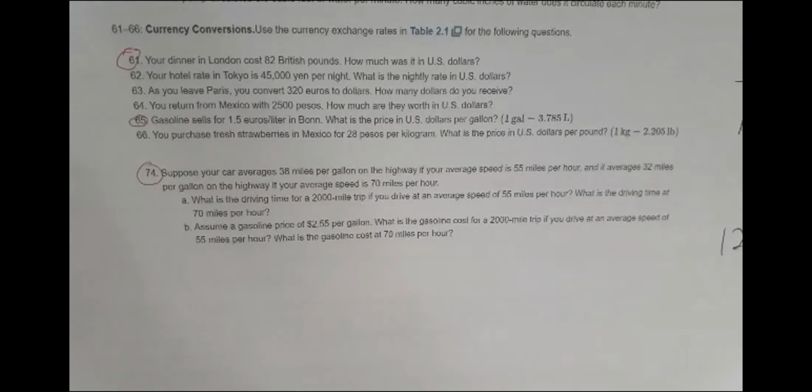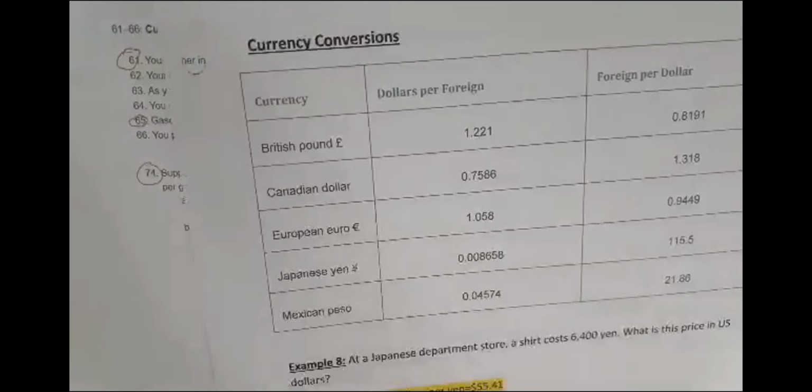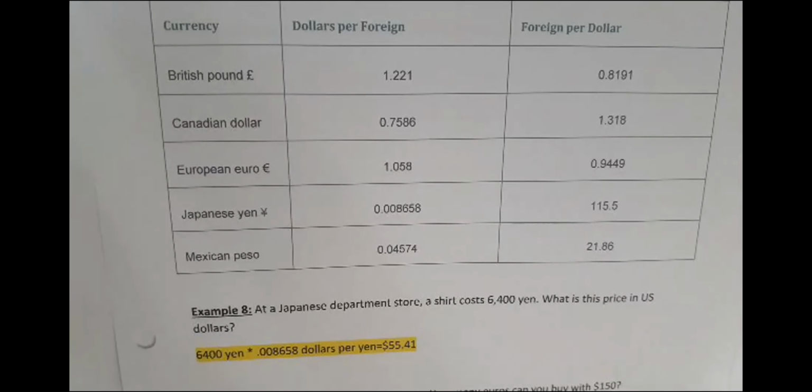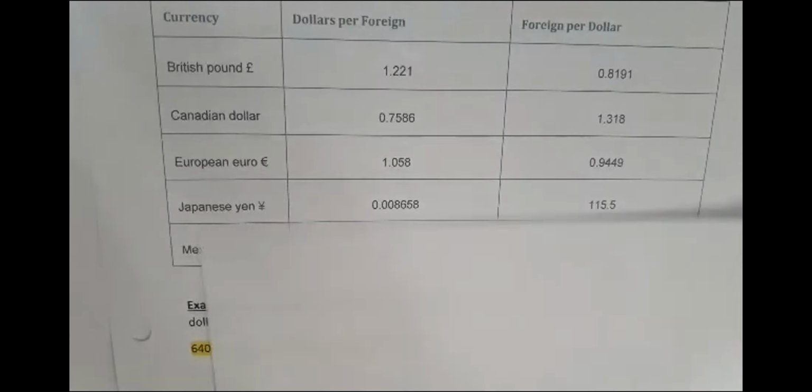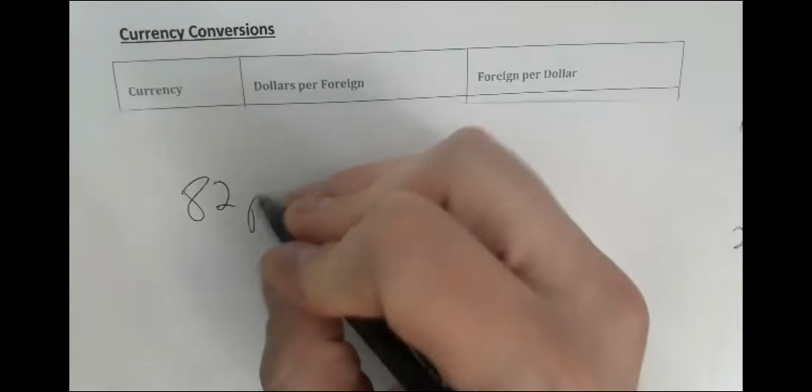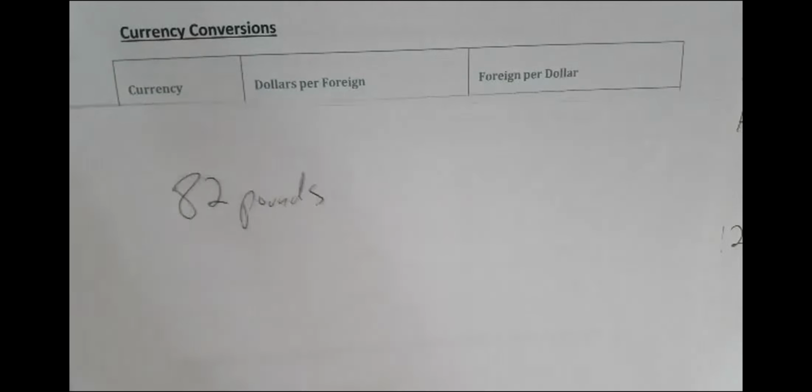You're having dinner in London, and it cost 82 British pounds. We've got 82 British pounds and want to figure out what that is. These are the currency rates that they're giving us. Let's look at what the number is. We're looking here.